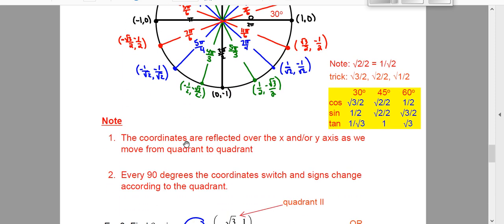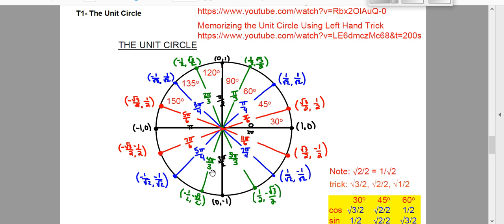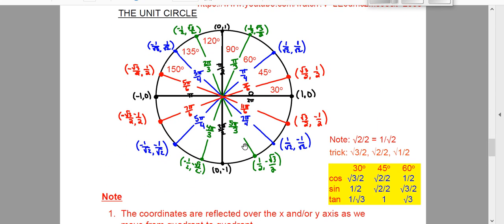The coordinates are reflected over the x and or y axis as we move from quadrant to quadrant, and every 90 degrees the coordinates switch and signs change according to the quadrants. So we sort of touched on that, except I never pinpointed that exactly. For example, if you look at this, this is root 3 over 2 for the x value. This side, negative root 3 over 2, they match. This one, 1 over root 2, negative 1 over root 2.